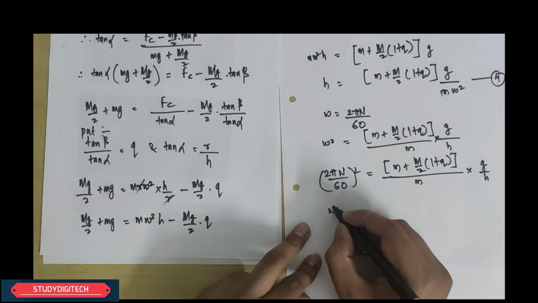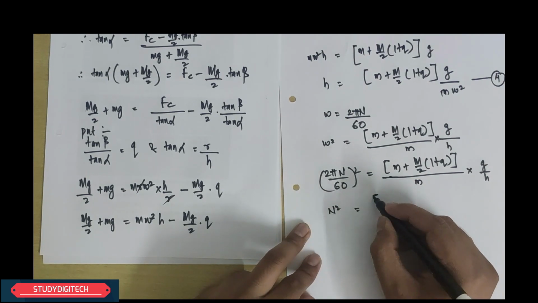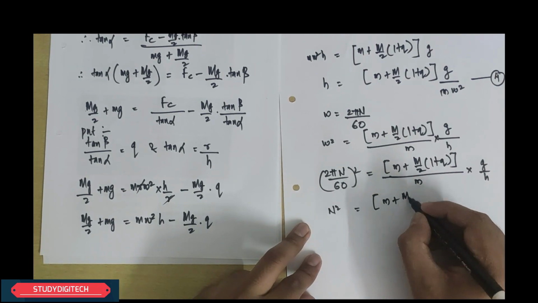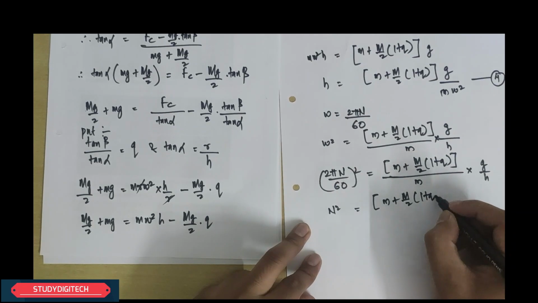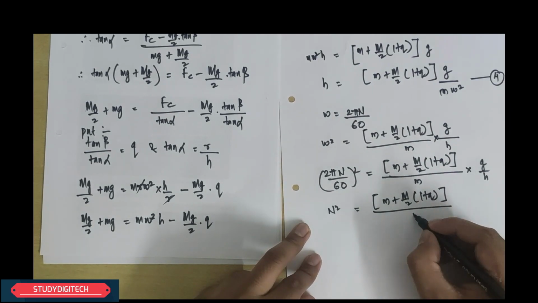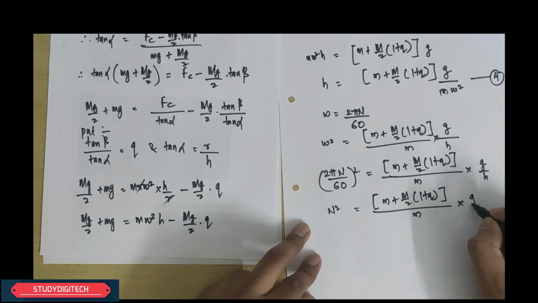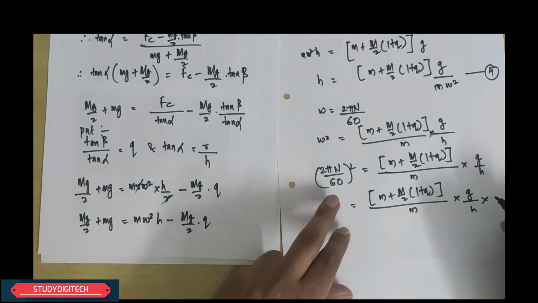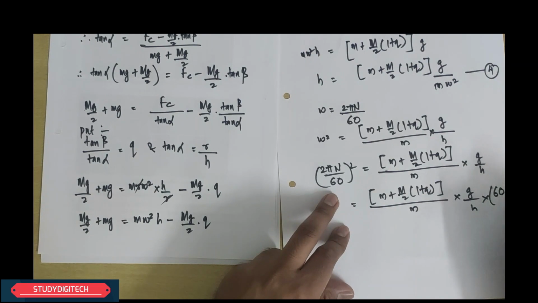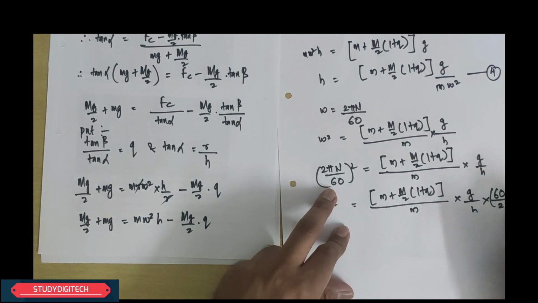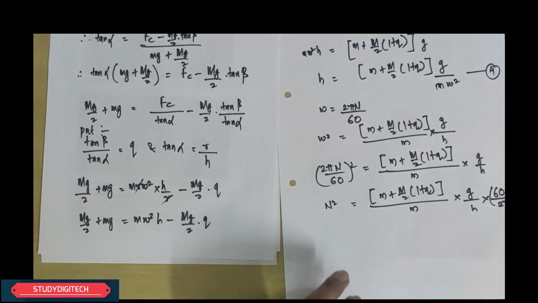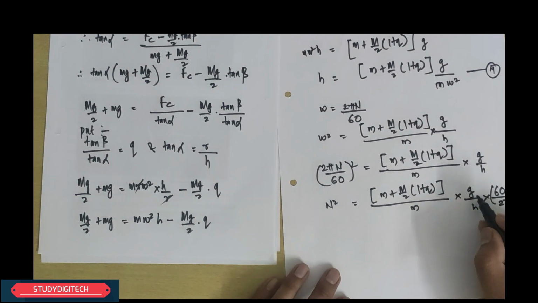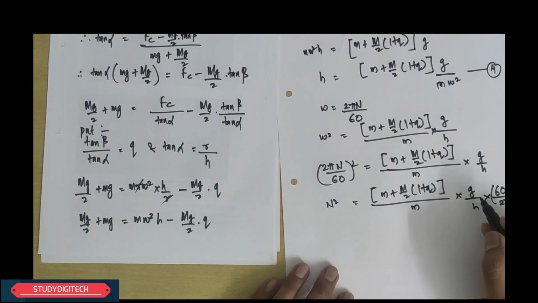So n square will be equal to small m plus capital M divided by 2 into bracket 1 plus q, m into g divided by h into (60 divided by 2 pi) square, where g is the gravitational acceleration 9.81 meter per second square.